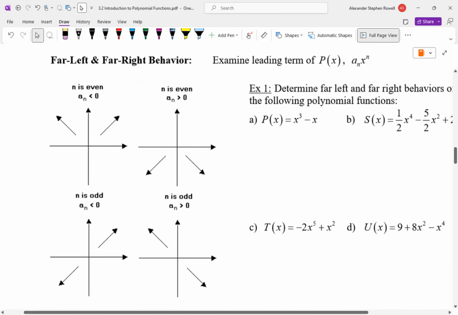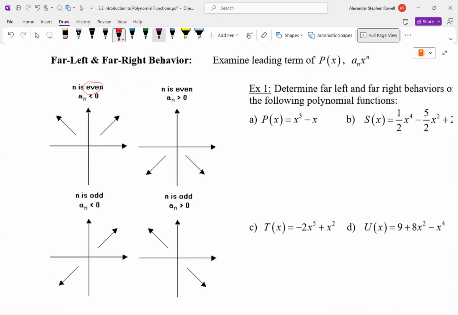Okay, turns out we only have 4 scenarios for the end behavior. If your exponent is even and your coefficient is positive, then they're both going to go up on both sides. If it's even and the coefficient is negative, then they both go down.